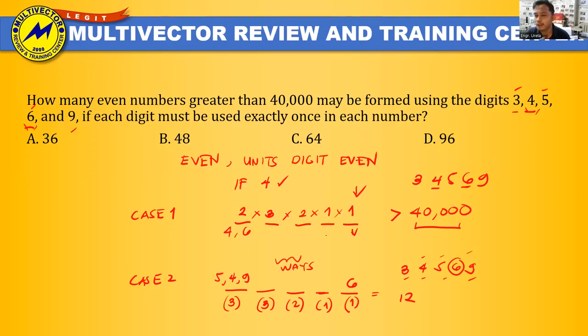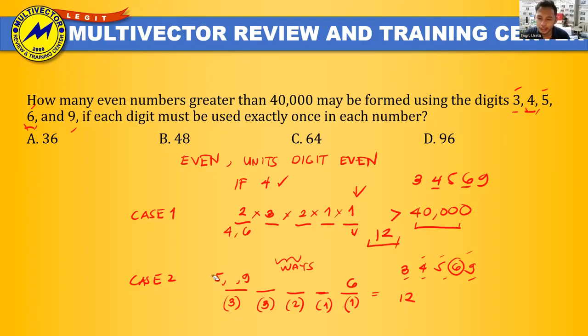Kaya yung case 1 natin, where the units digit and the 10,000 digit are even is equal to 2 times 3 times 2, which is 12. Yun yung case 1.